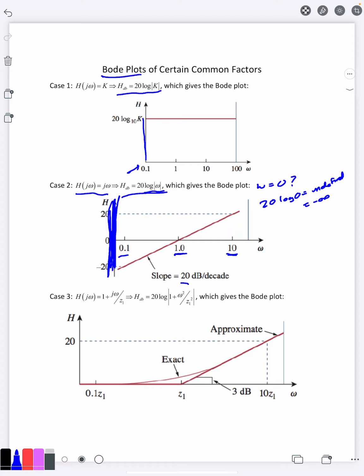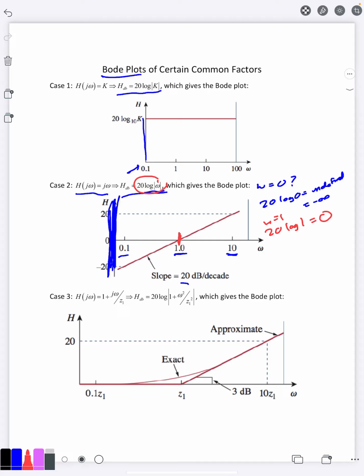And the only way to really center what's going on here is by picking 1 at this point, because what happens if you plug in 1 to this, 20 log of absolute value of 1, well, log of 1 is 0, so we know that the x-intercept is going to happen at 1 there, and that's the reason why we choose that point.